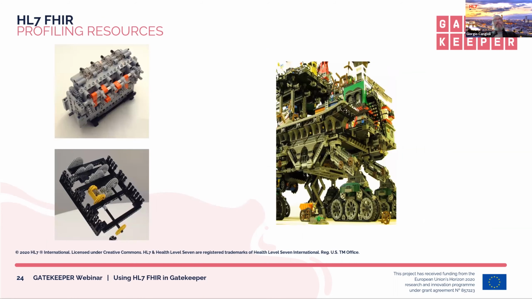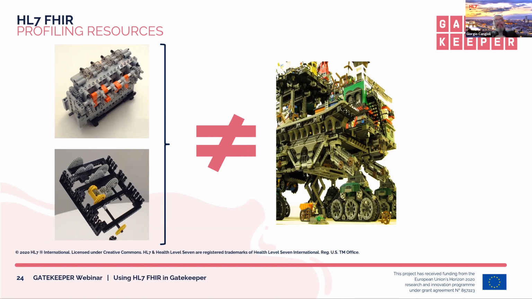Why is this needed? It is needed because it's clear that these generic blocks, if you try to combine them, in most cases are unlikely to fit exactly, as designed, your purpose.